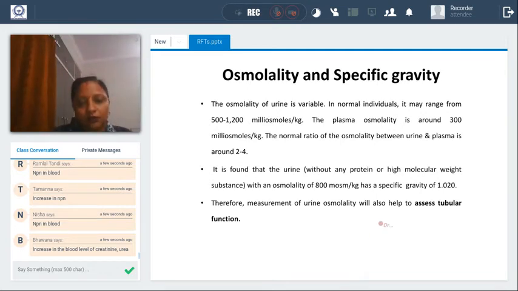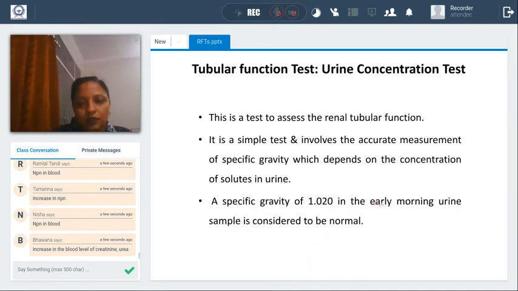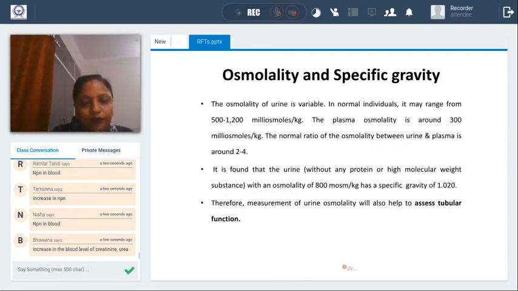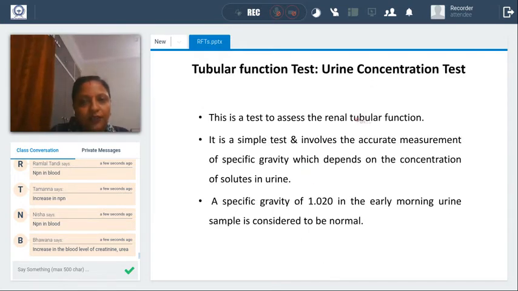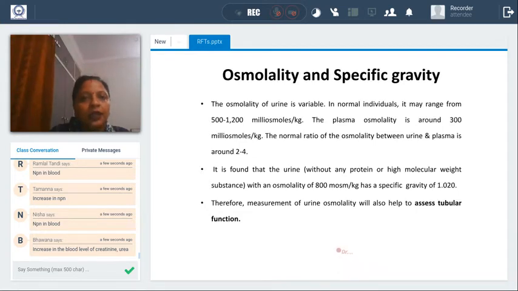You can see here, this is a normal specific gravity, 1.020. Therefore, measurement of urine osmolality will also help to assess the tubular function. So there are two processes. First is measuring specific gravity, and another is osmolality.